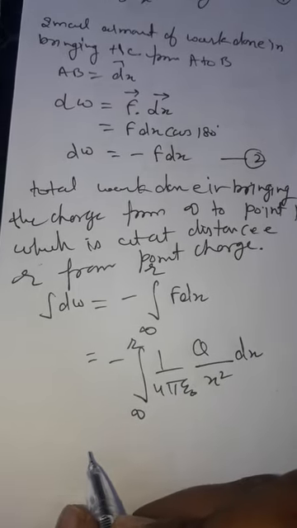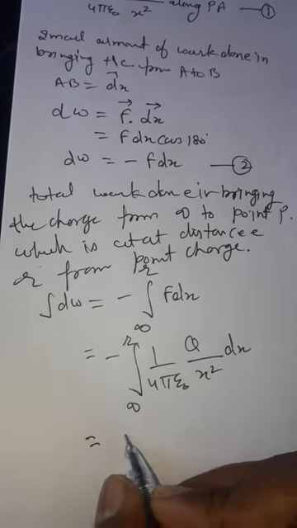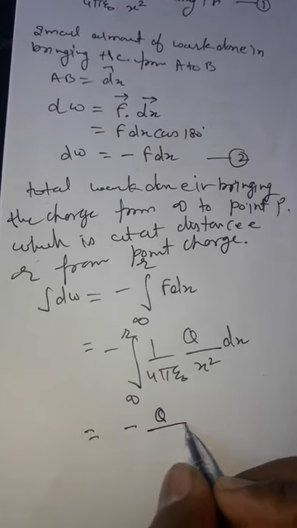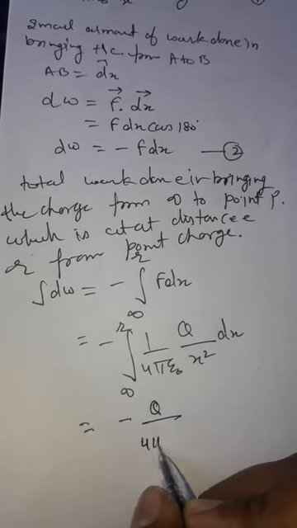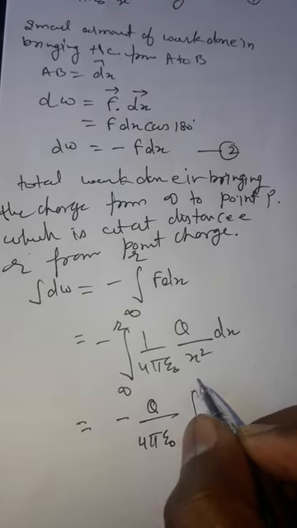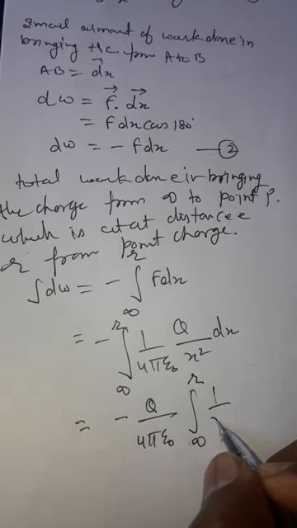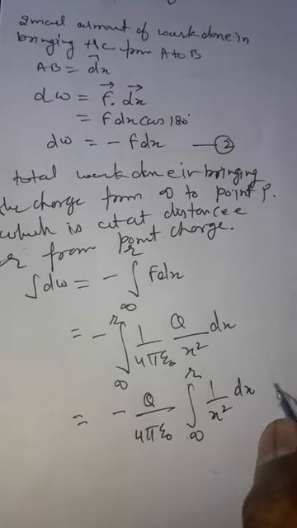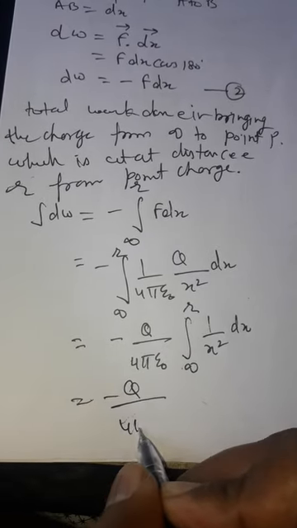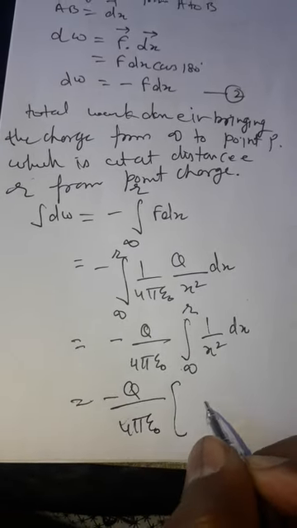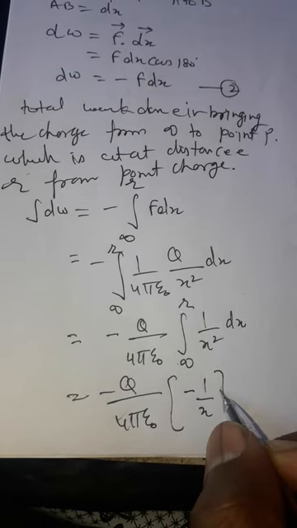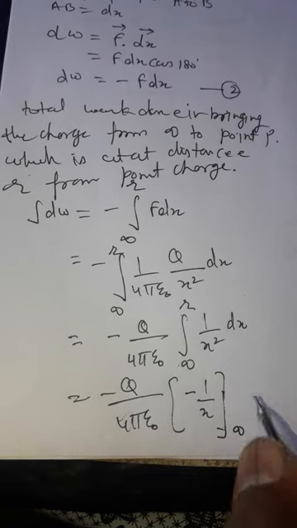Integrating this, taking q and 1 upon 4 pi epsilon naught common as they are constant, we remain with integration from infinity to r of 1 by x square dx. So integrating this, we get minus q upon 4 pi epsilon naught times minus of 1 by x, with the limit of integration from infinity to r.